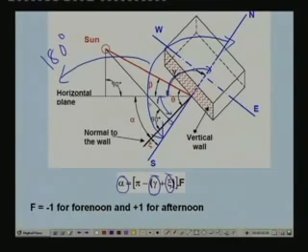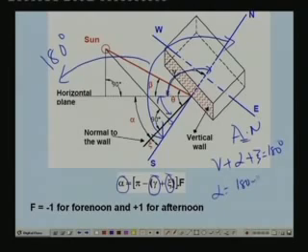This happens to be the afternoon, because the sun is towards the west; it has crossed the solar noon. For afternoon, gamma plus alpha plus zeta is equal to 180 degrees. That means alpha is equal to 180 minus (gamma plus zeta).